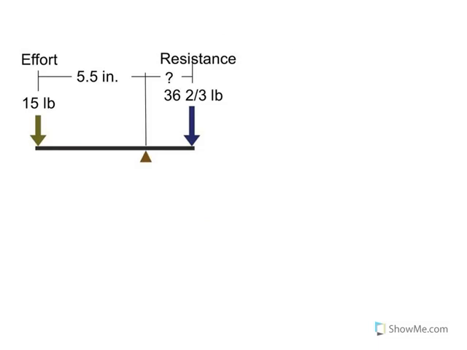Here's an example of a first-class lever with our effort force and our resistance force. Since this is the distance of my effort force from the fulcrum, that will be labeled as dE. The item I do not know at this point is my distance of resistance.